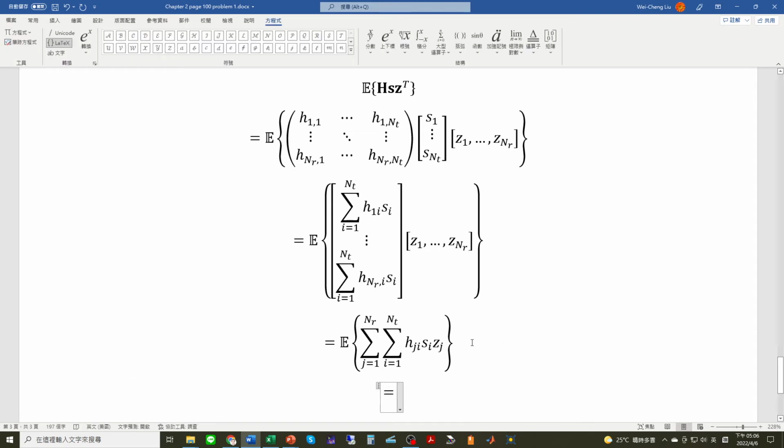Okay, and finally we can move the expectation into the double summation.